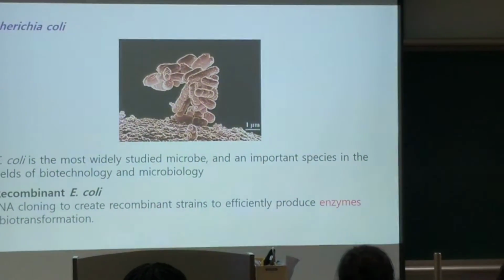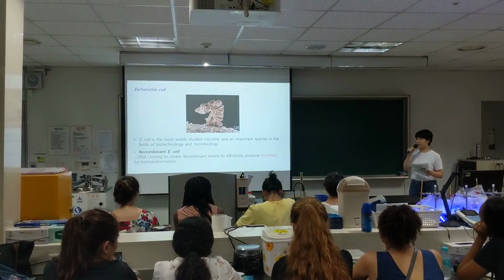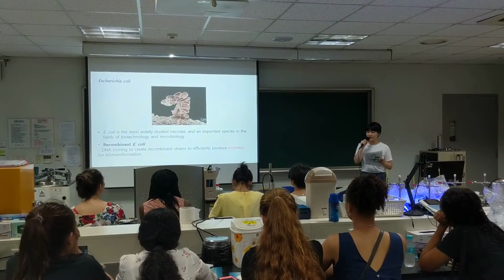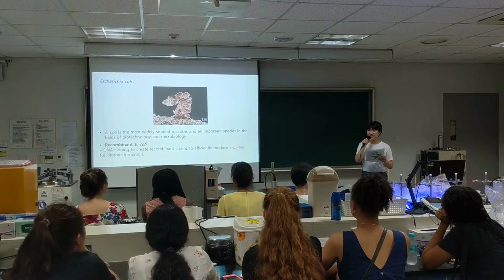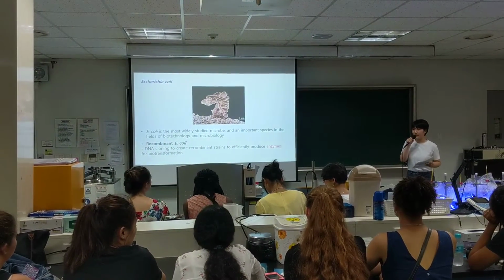Hello, I'm Yeonji Kim, a master's candidate at the Food Biotechnology Laboratory. From now on, I will explain about the lab experiments. I'm going to explain the incubation during the experiment in our lab.